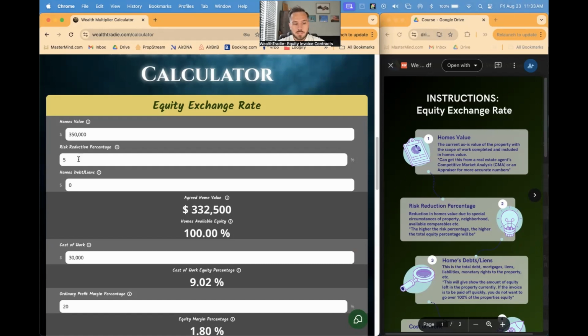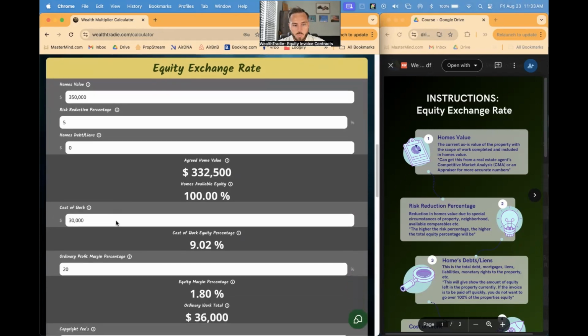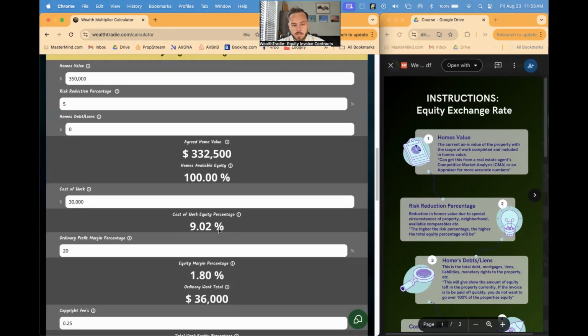Now, if we set this to 0, it's going to be a straight comparison, meaning, hey, my cash is getting directly to the most accurate value equity percentage. If I increase this, it's going to decrease the value of the house when I pull the equity out. What does this do? It changes the equity percentage.